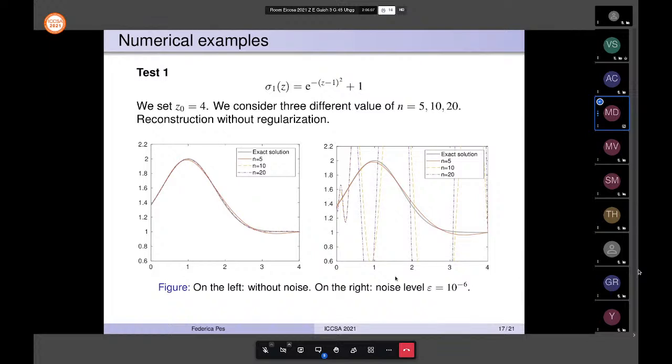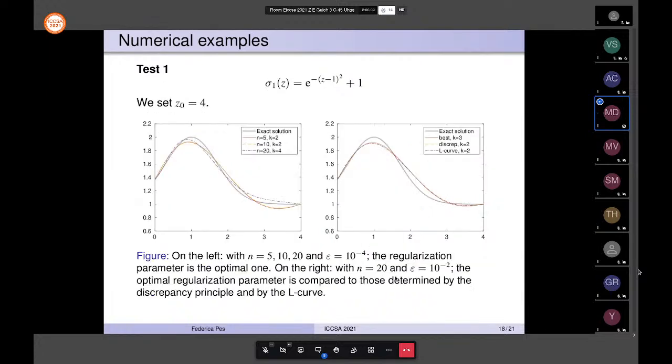So we need to regularize the problem. And here we reported the regularized solution, the TSVD solution. On the left, we consider 3 different values for n, the size of the data vector. And on the right, we reported the solution corresponding to the 3 different ways to estimate the regularization parameter K.